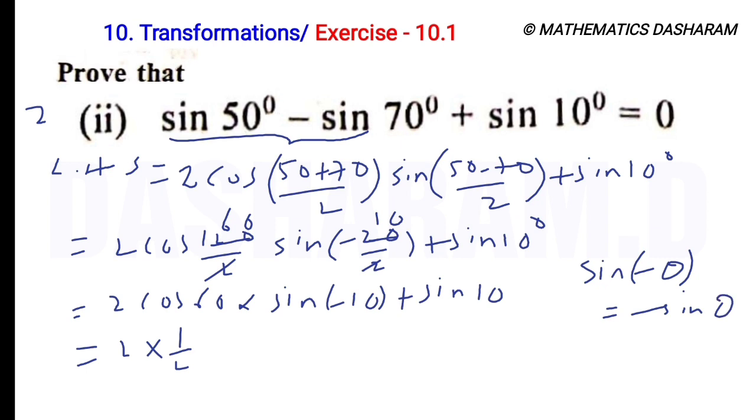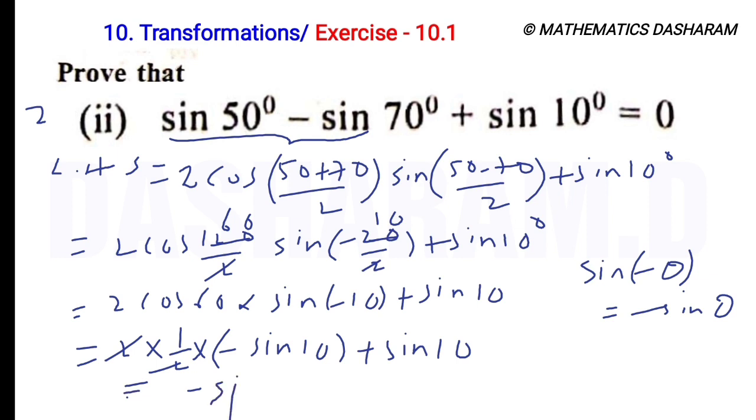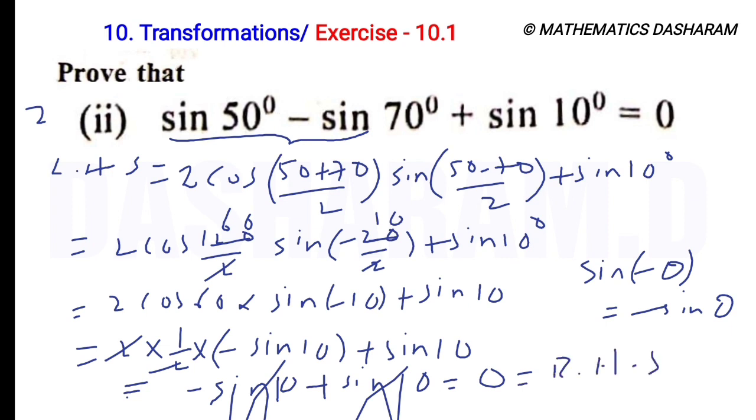So then here minus sin 10 degrees plus sin 10 degrees. Here the 2 cancels. So minus sin 10 plus sin 10, both are cancelled. So it is equal to 0, the RHS. Hence proved.